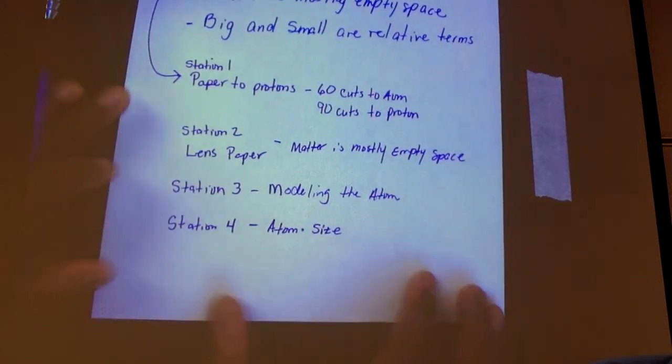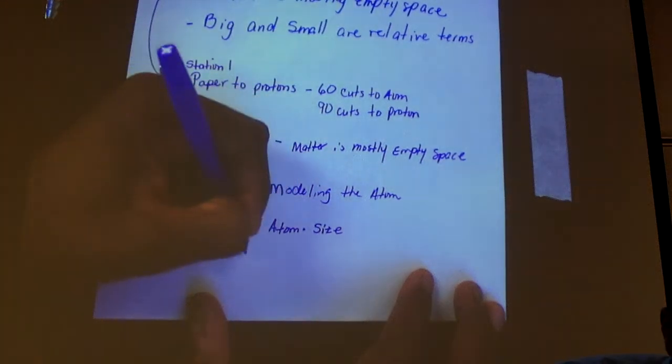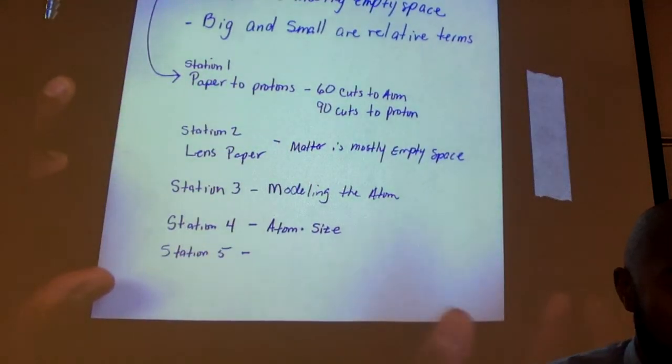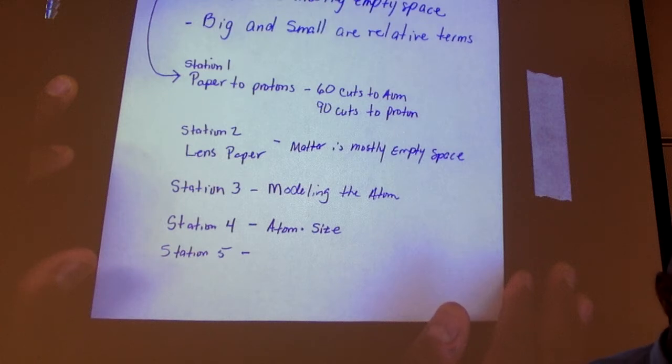And station 5, this was a simulation in which you were modeling the size difference between a proton and an electron.